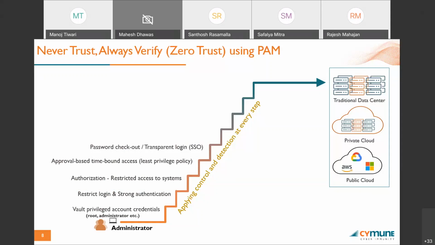So here also I am securing the passwords. And once he has successfully logged in to the device, clearing all these steps, I will also now monitor what he is trying to do in the system.